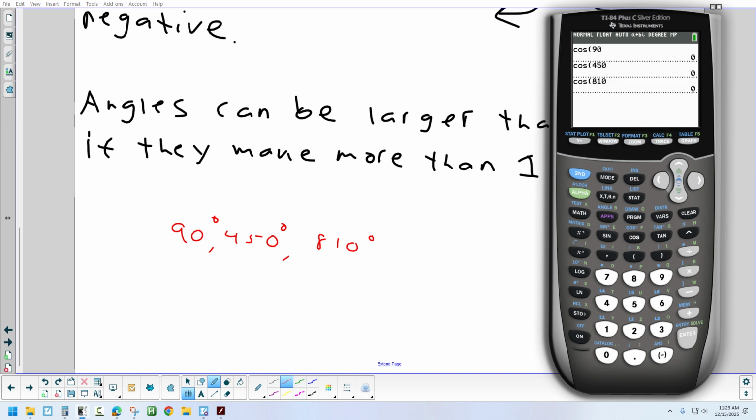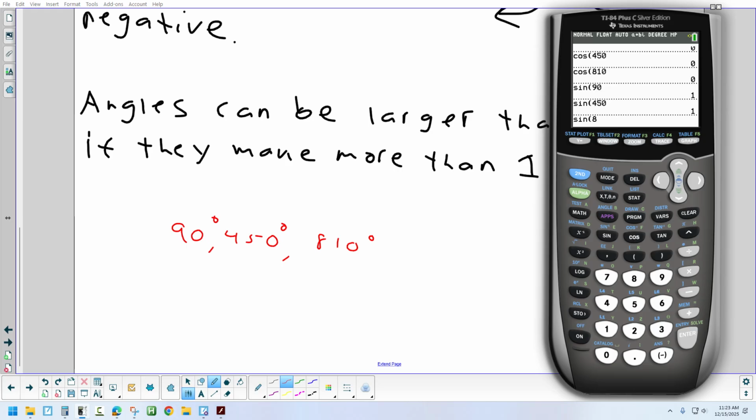If you have angles with the same initial and terminal sides, like these three, then when you press one of these three buttons, sine, cosine, or tangent, you're going to get the same answer for each one. So like sine 90, I get 1.